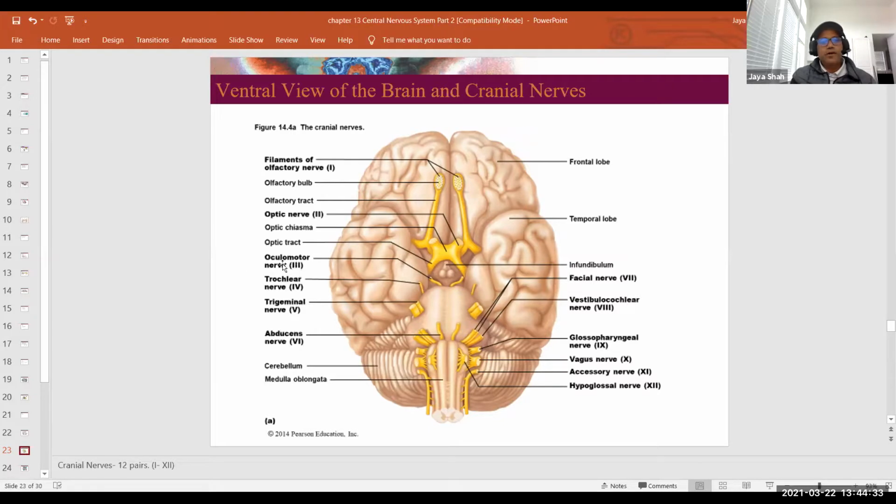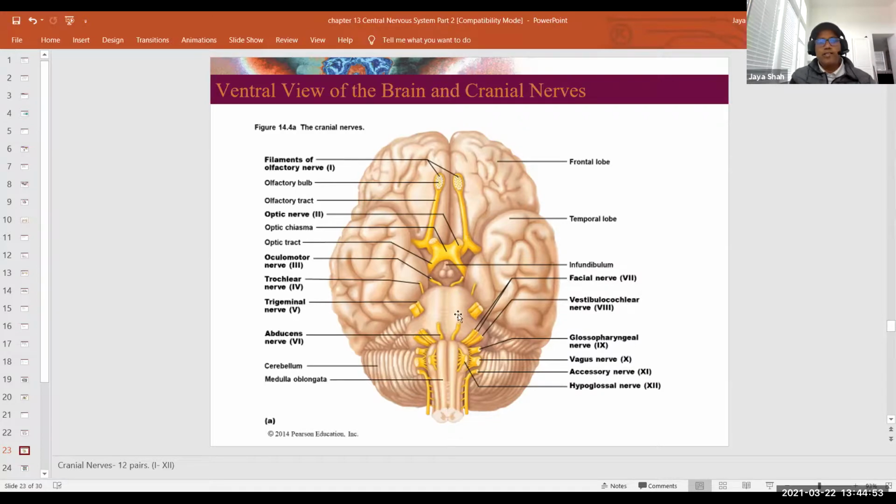oculomotor, trochlear, trigeminal, then abducens, facial, vestibulocochlear, glossopharyngeal, vagus, accessory, and hypoglossal.